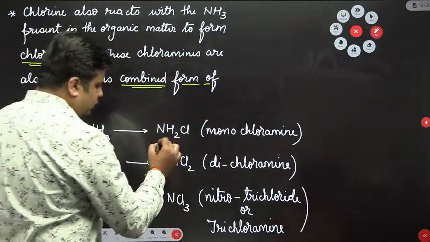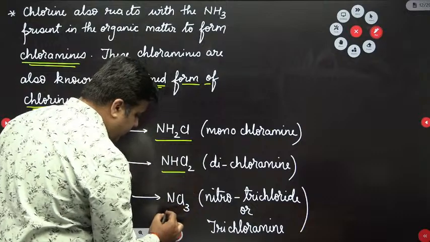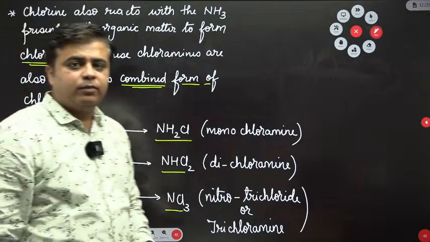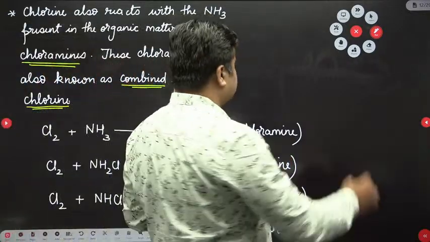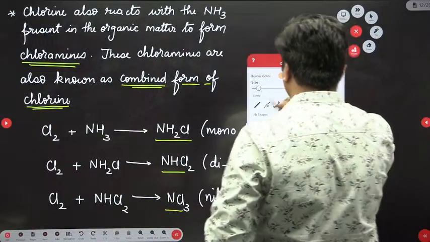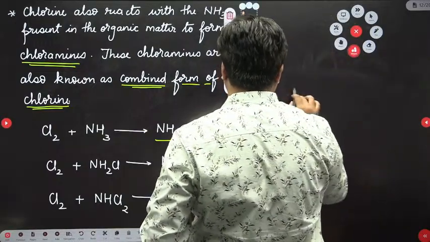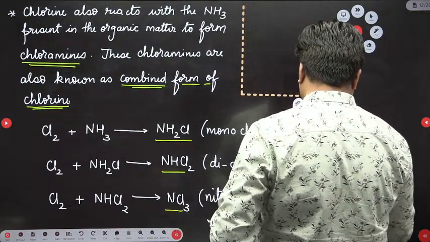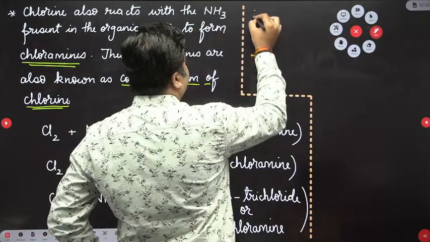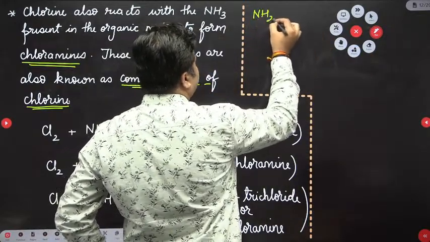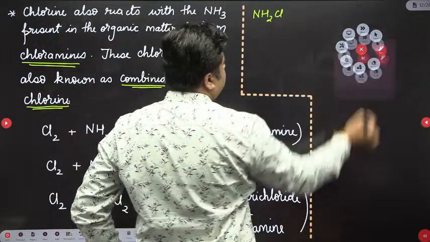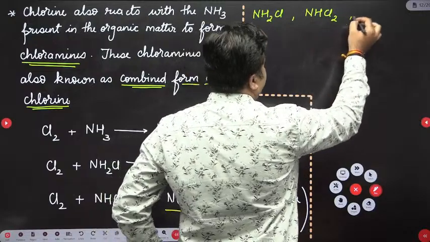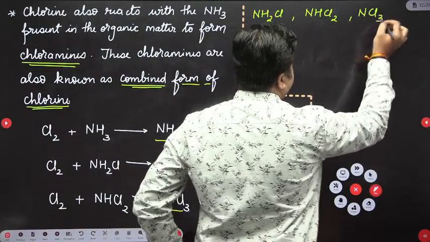This NH2Cl, this NHCl2 and this NCl3, all these are known as combined form of chlorine and these are known as chloramines. So I will write here: NH2Cl monochloramine, dichloramine NHCl2 and NCl3 nitrogen trichloride.